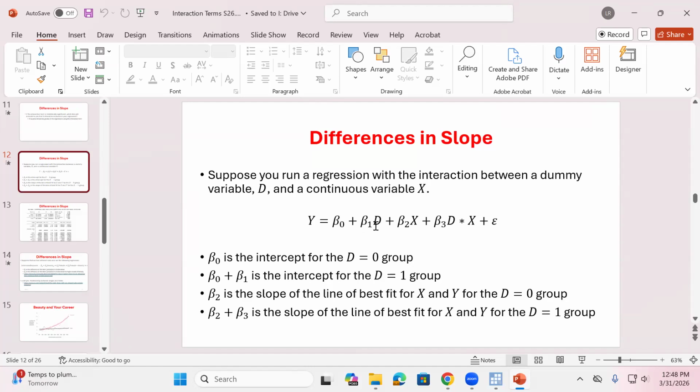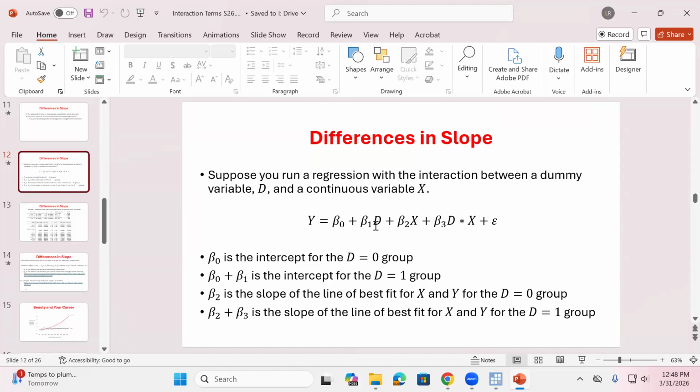So we have two groups, and by including this interaction term, we're multiplying the continuous variable by the dummy. We said if I were to take a derivative of this function with respect to that continuous variable, right? So what we'd be left with is our estimate for beta 2, with our continuous variable.